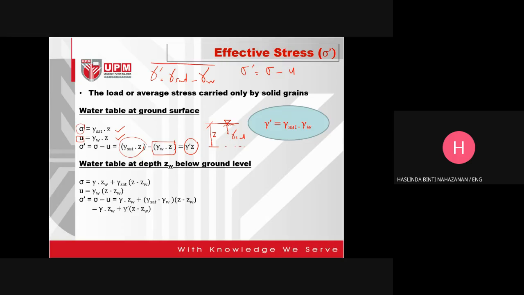So this is also another standard equation. So for this case, total stress is gamma saturated Z, and effective stress is the effective unit weight multiplied by Z.